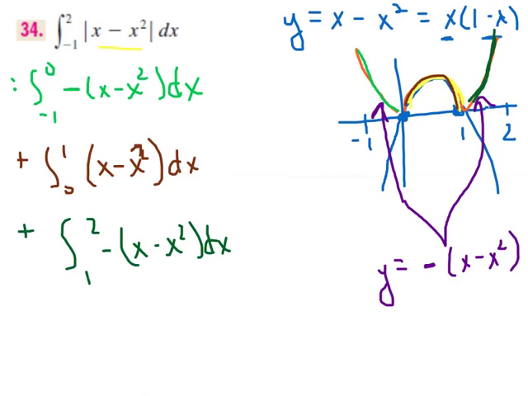Alright, so at this point it's just a bunch of little power rules. Let's see how much I could fit on this particular page. So I'm going to do this one first. Negative x squared over 2 minus a negative gives me plus x cubed over 3. Next.